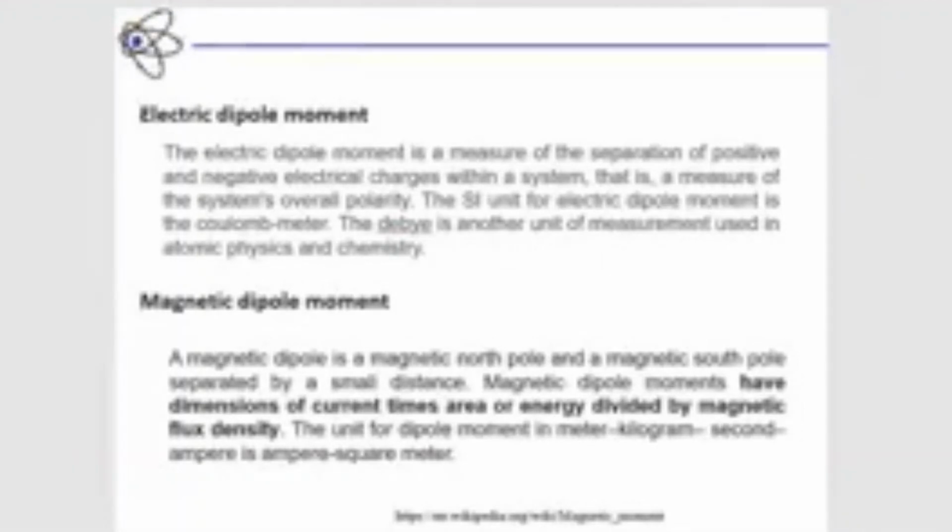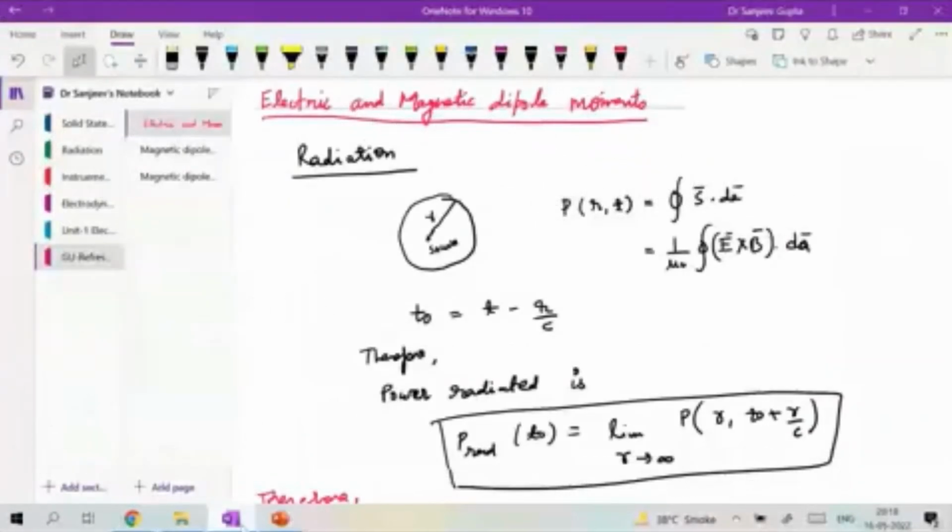But before that, I'm going to start with a very important subject, the subject of radiation. Before I start directly with electric and magnetic dipoles, one should know what radiation is.